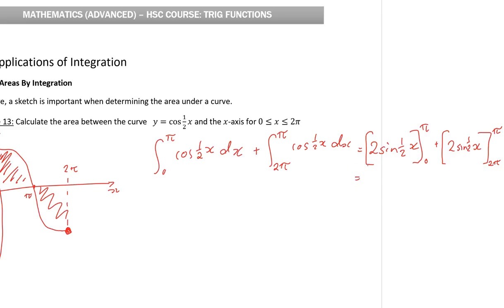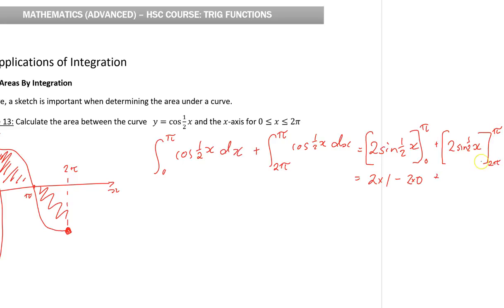Now, the sine of pi over 2 equals 1, so it's 2 times 1, minus 2 times the sine of half of 0, which is 0, minus 2 times 0.